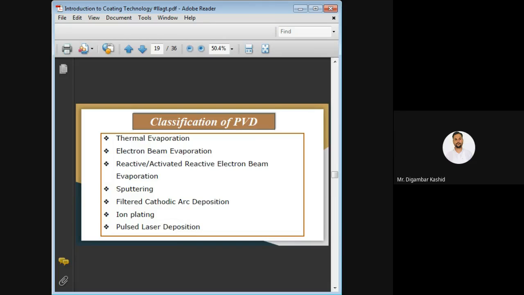Now you can see here we have the different subtypes of physical vapor deposition. Here I have given the classification of PVD, and now we are going to discuss this classification.